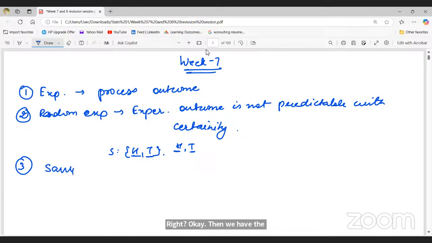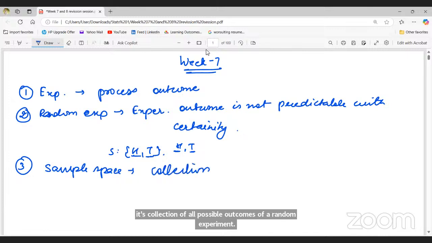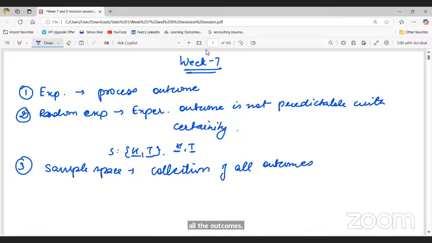Okay. Then we have the sample space. What is a sample space? Ma'am, it's the collection of all possible outcomes of a random experiment. Yeah, correct. For example, if I'm tossing a coin, what would be my sample space?